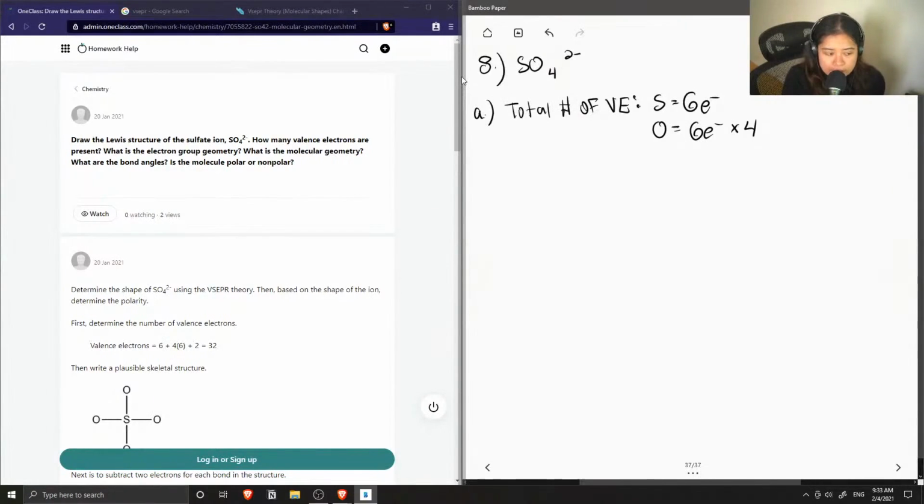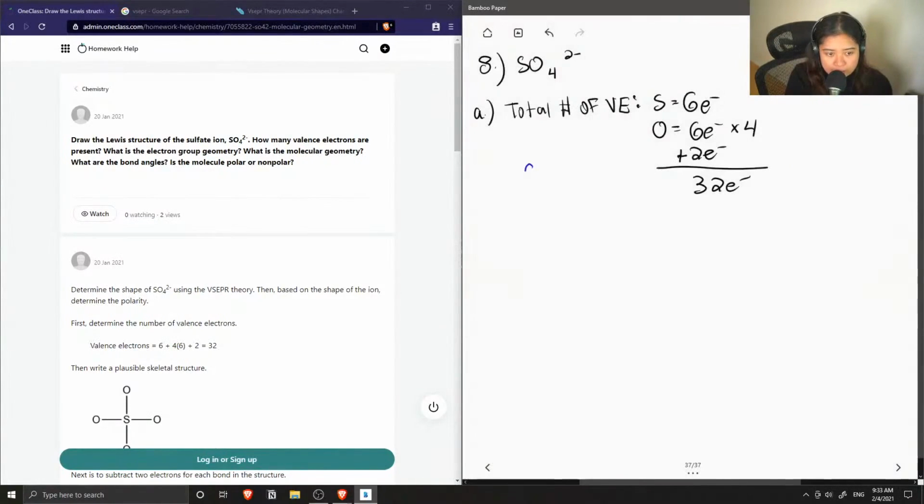And we also need to take into account the overall charge of the ion, which is -2. So we need to add an additional 2 electrons to our electron count, which gives us a total of 32 valence electrons.